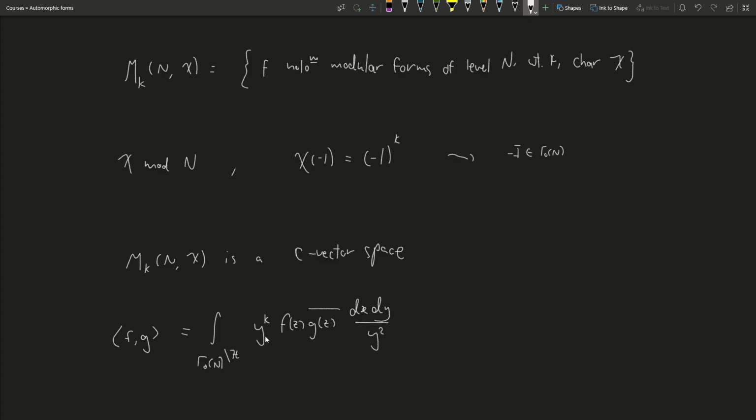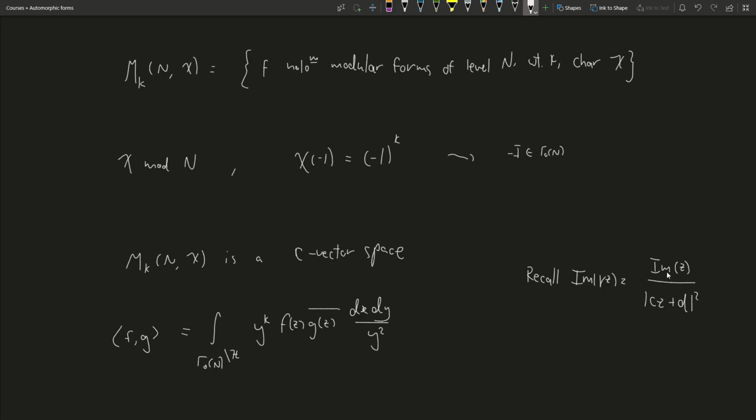You need this y to the k here so that this thing is gamma invariant, because when you apply gamma, you get essentially a y to the k over 2 from each of these. The reason for this is that the imaginary part of gamma z is equal to the imaginary part of z over |cz plus d| squared.